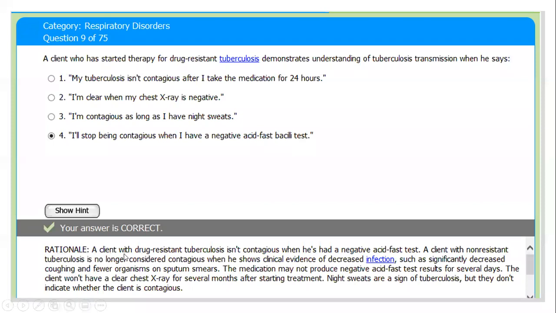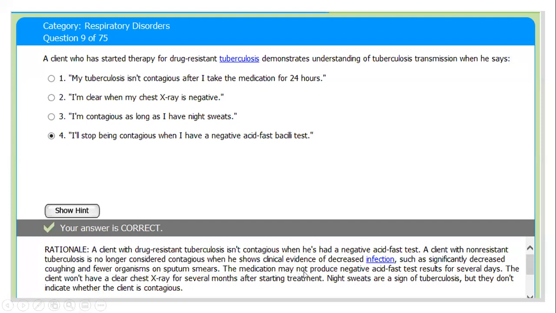Rationale: a client with drug-resistant tuberculosis is not contagious when he has a negative acid fast test. A client with non-resistant tuberculosis is no longer considered contagious when he shows clinical evidence of decreased infection, such as significantly decreased coughing and fewer organisms on sputum smear.